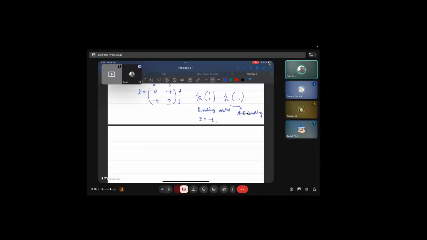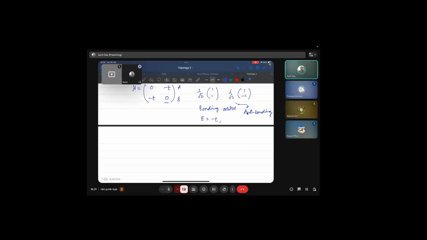Bonding and anti-bonding essentially means, let's say we have A type of atom and B type of atom. The bonding orbital will be something like this. They will have a finite overlap, and then anti-bonding will be the opposite.